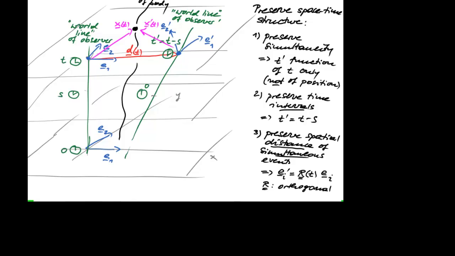Let's now look at how the components of position, velocity, and acceleration change when we go from one reference frame to the other. Now, in the original frame F, the body has position vector x, and in my coordinate system with basis vectors ei, this implies that I observe coordinates xi.